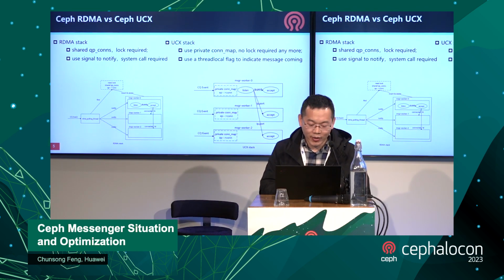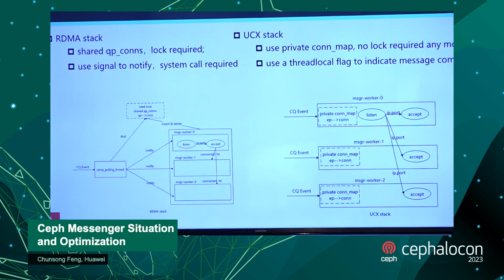The RDMA polling thread receives the completion queue event from the device and finds which connection the event belongs to, using the queue pair connections.